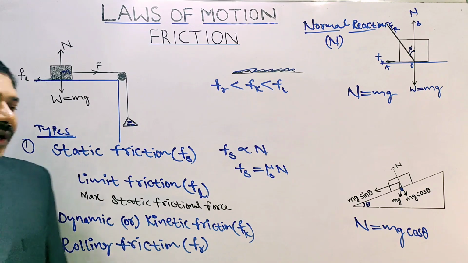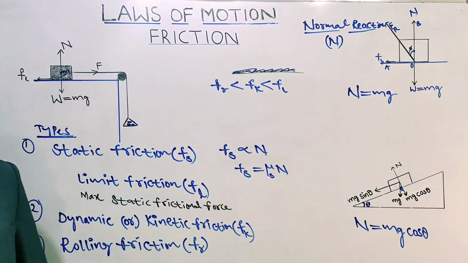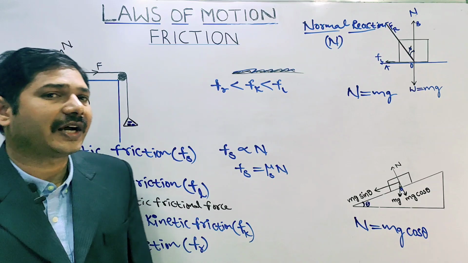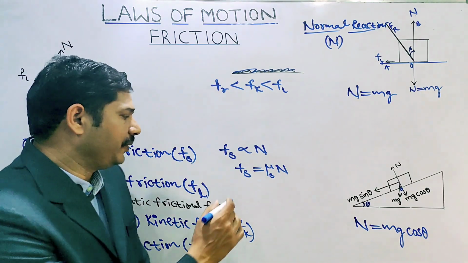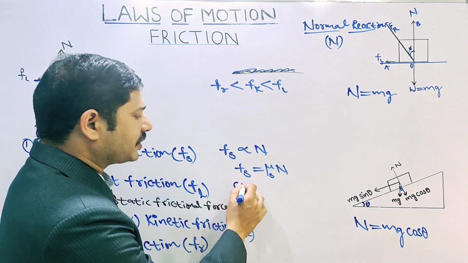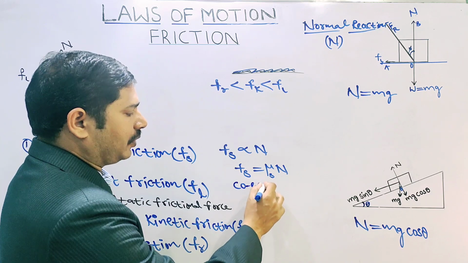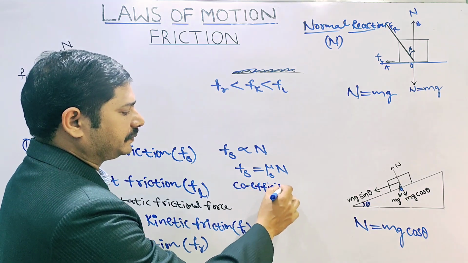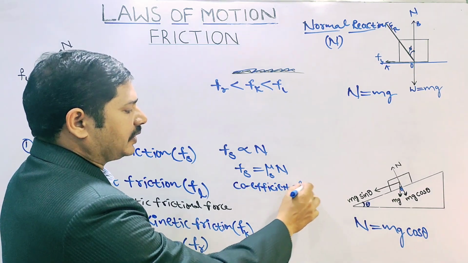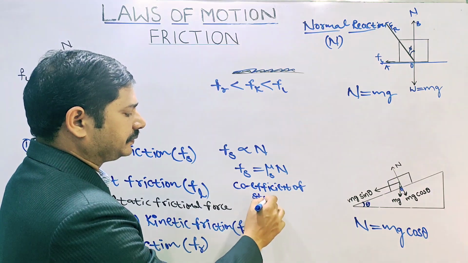Here mu s is called the coefficient of static friction.